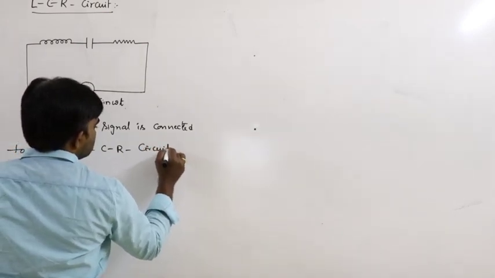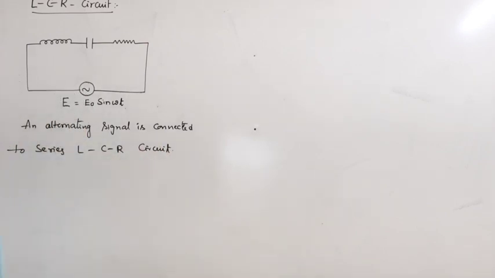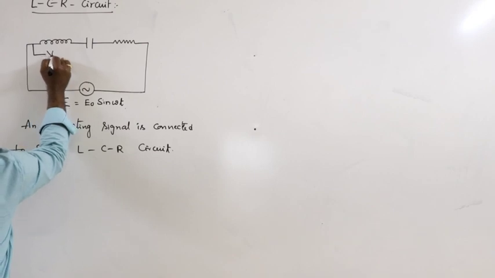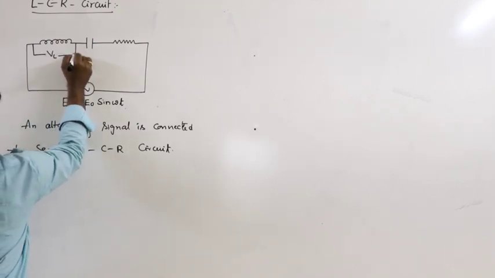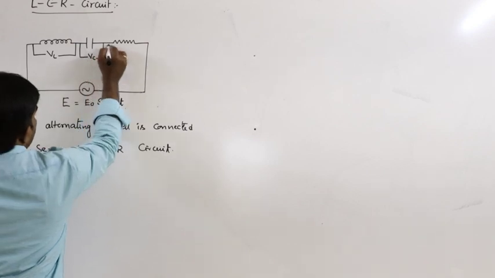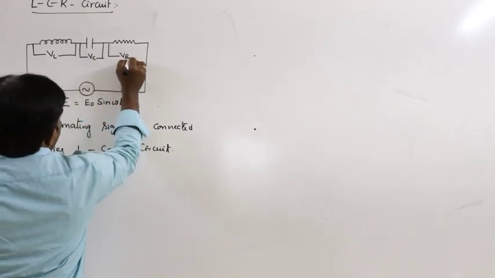Series LCR circuit. So the potential across the inductor is VL, here the potential is Vc, and here the potential is Vr.